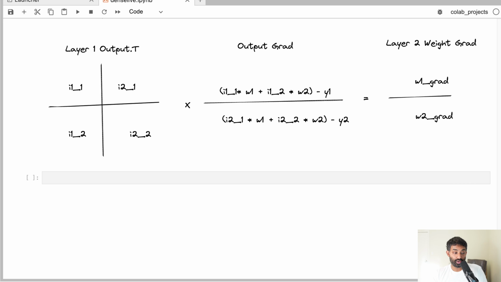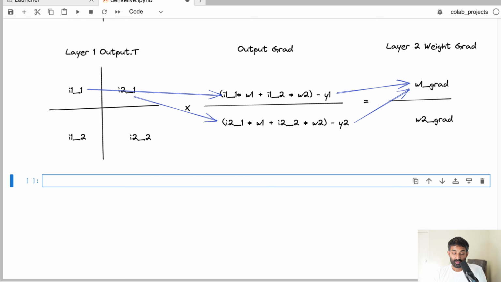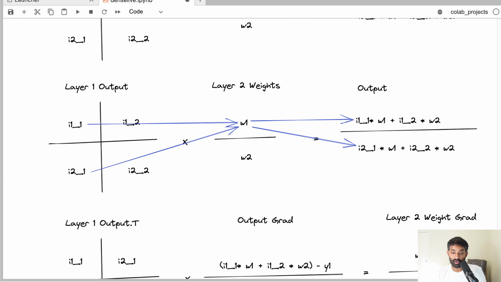I'll show you how this looks again in a little connection diagram with some arrows. We can see how each output of layer 1 connects to one of these outputs, and through that output connects to a weight. This is a similar diagram to what we looked at before, where in the forward pass, each output of layer 1 is connected to a weight, and through that weight connected to an output.